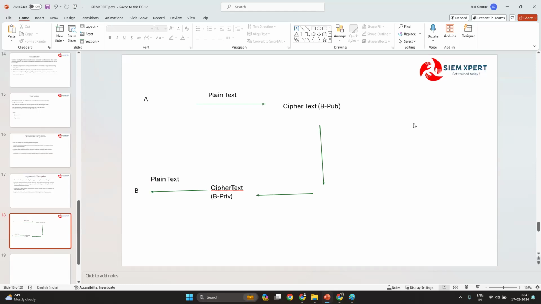Why would you say that? Because sender A uses recipient B's key to send the message. Yeah, I would say integrity would be maintained when there's a checksum involved as well.